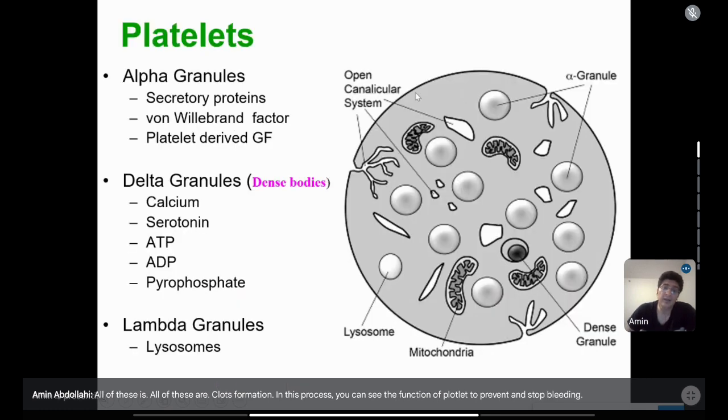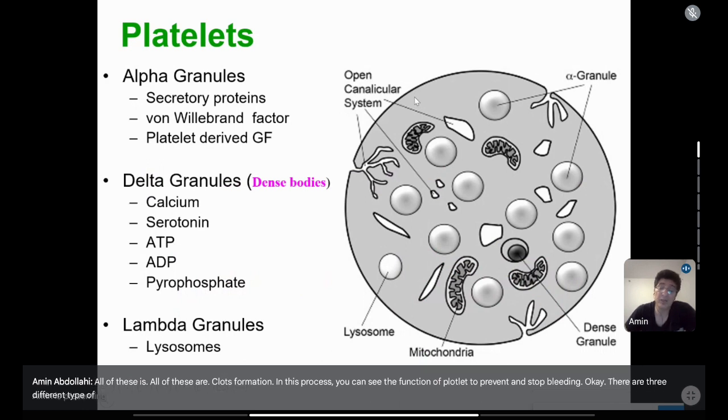Okay. There are three different types of granules in the platelet: alpha granules, delta granules or dense bodies, and lambda granules. Alpha granules contain secretory proteins, von Willebrand factor, and platelet-derived growth factor.